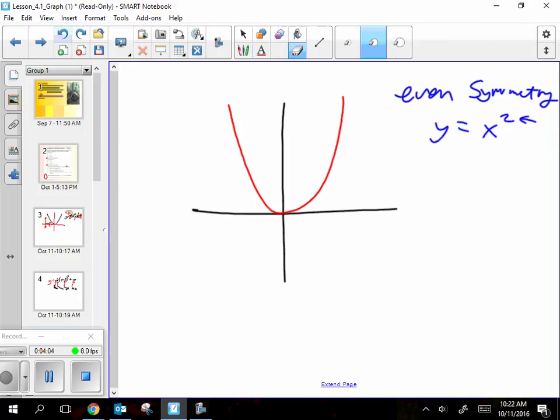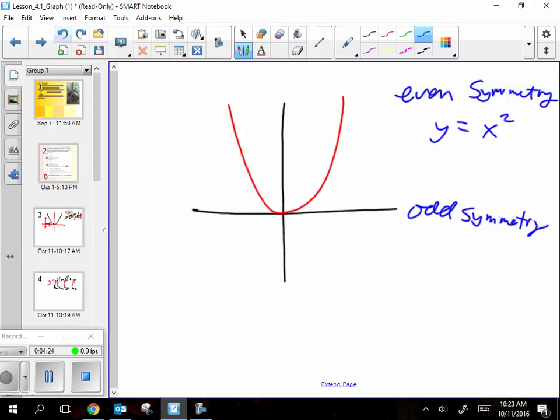But I don't want you to think of like, oh, the number's even or the number's odd, so therefore I can tell. But it is kind of a tell that it's maybe going to be even if it's got a squared on it. And conversely, odd symmetry is things like y equals x to the 3rd.